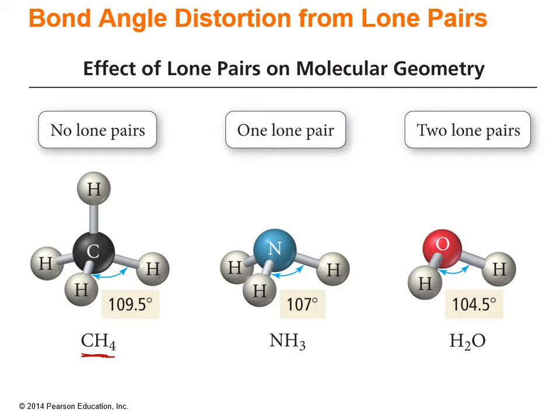In this case, this is a tetrahedral shape, and we'll look at why that is in a little bit. But our bond angle is 109.5 for tetrahedral. So between every hydrogen, carbon, and hydrogen, we have a difference of 109.5 degrees.